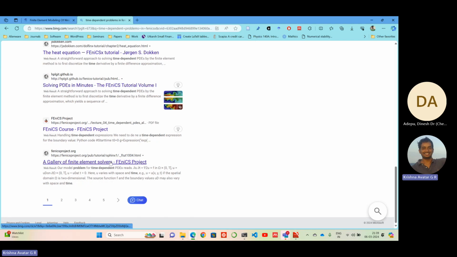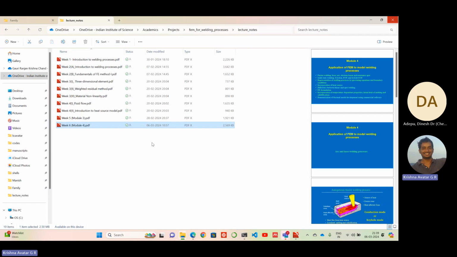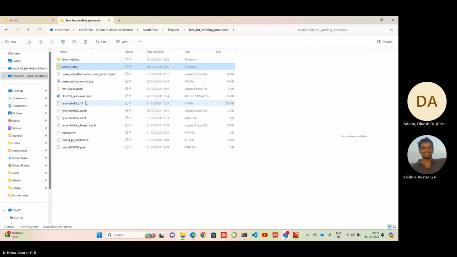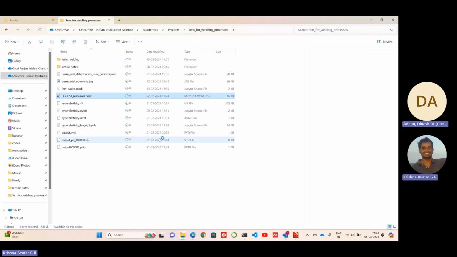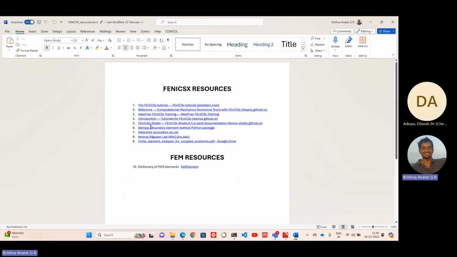Okay, gallery of finite element. In our FEniCS resources there was no mention about this, right? Did any of the resources talk about how to solve time dependent problems? No one talked about this, right? I'm just checking in the gallery if there is something dealt with it.